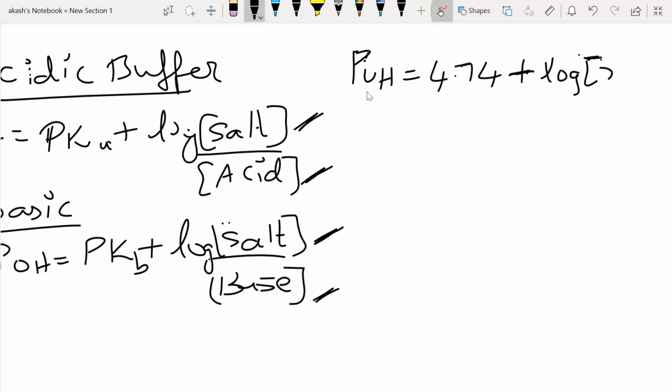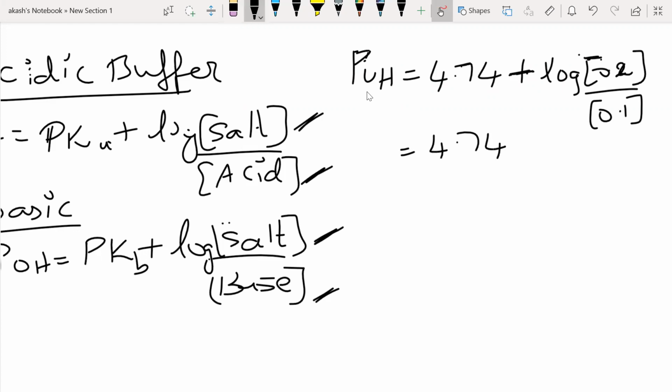So 0.2 divided by the base concentration, which is 0.1. So 0.2 by 0.1 will become log of 2, right? So you know what is log 2 value? Log 2 value is 0.3010.